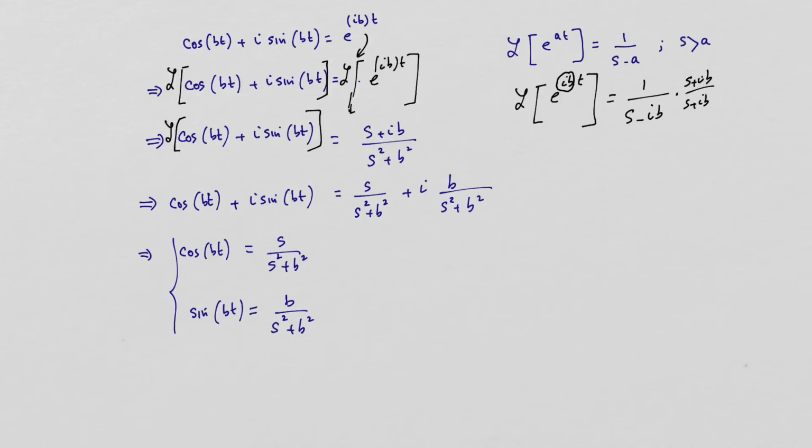So that means Laplace transform of this is the sum of Laplace transforms. So it is Laplace transform of cosine bt plus Laplace transform of sine bt, and I'm going to pull the i out.